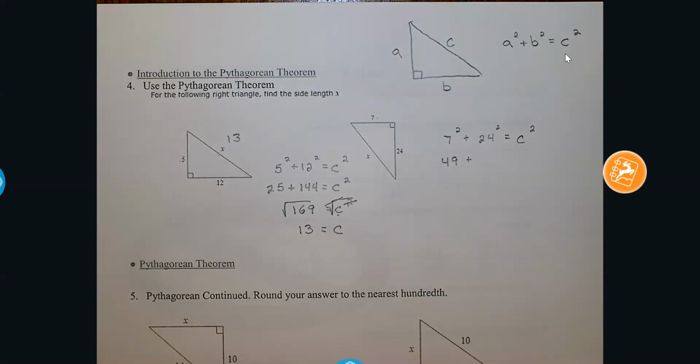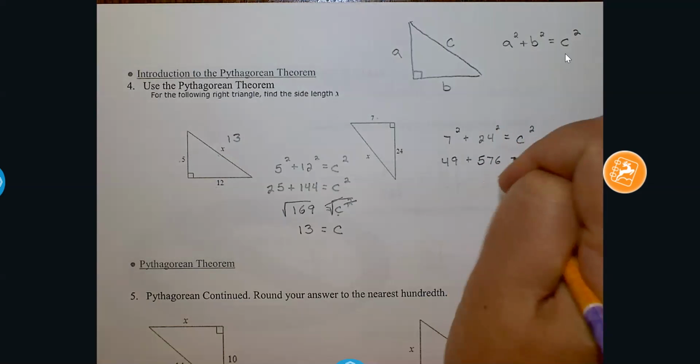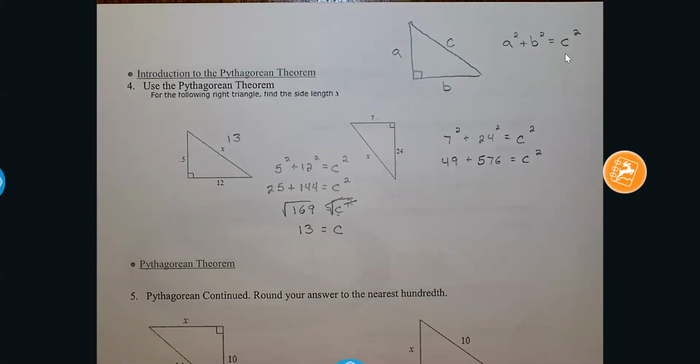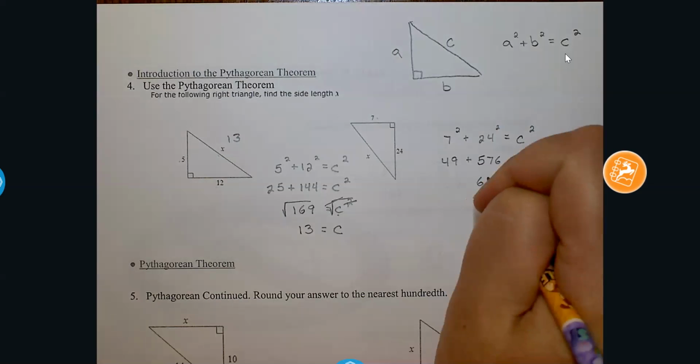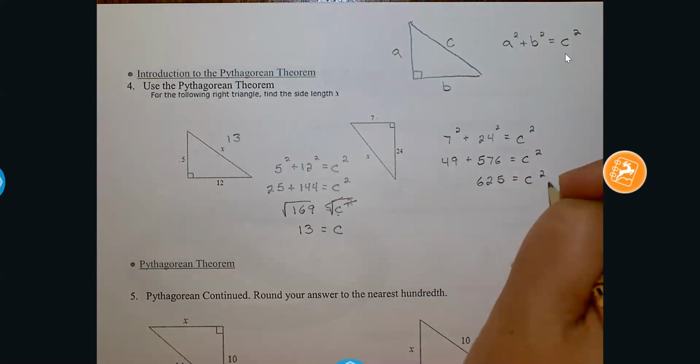Let's grab my calculator real quick. 24 squared would be 576. And then 49 plus 576 is 625. So 625 equals C squared.